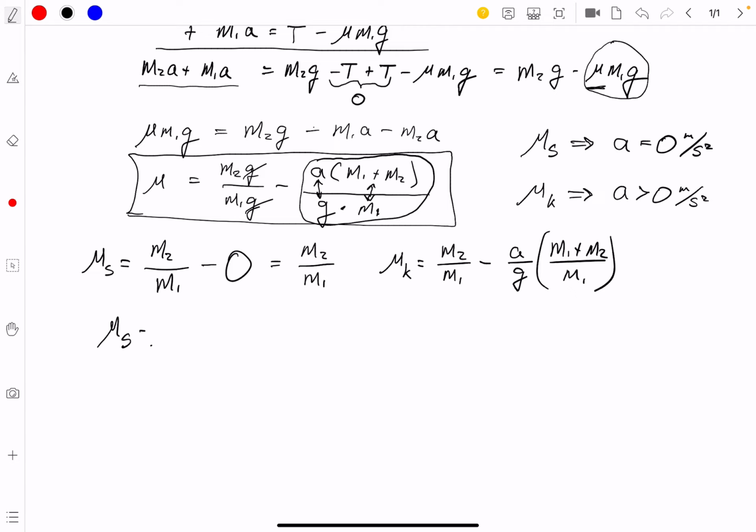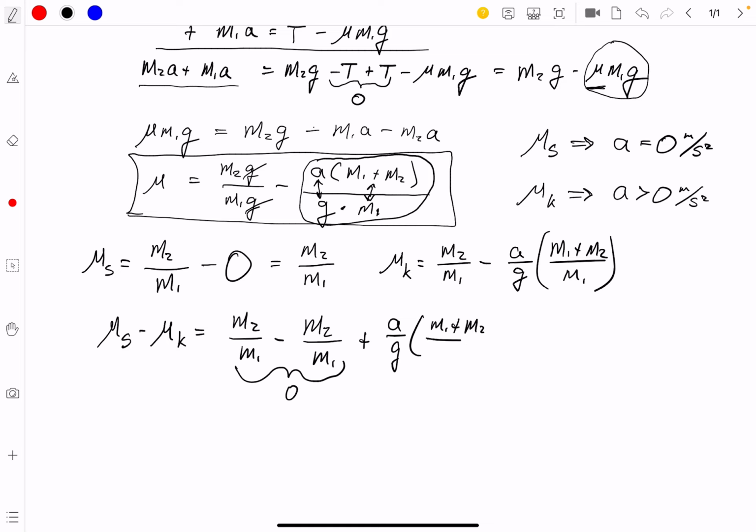We're saying mu static minus mu kinetic. We've got m2 over m1. We're going to subtract mu kinetic, so that means I'm subtracting m2 over m1. So this is obviously 0. And minus a minus is a plus, so I've got plus A over g times m1 plus m2 over m1.